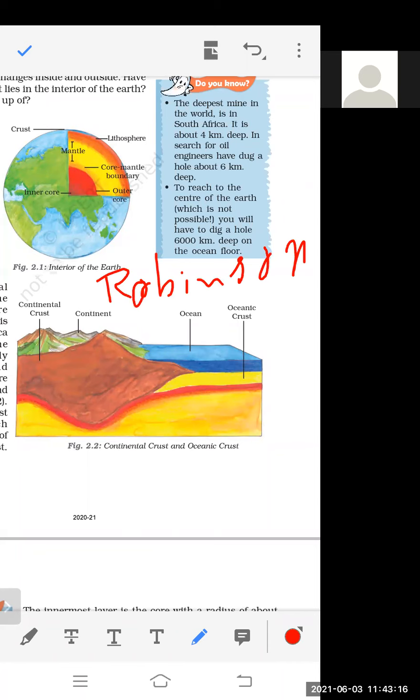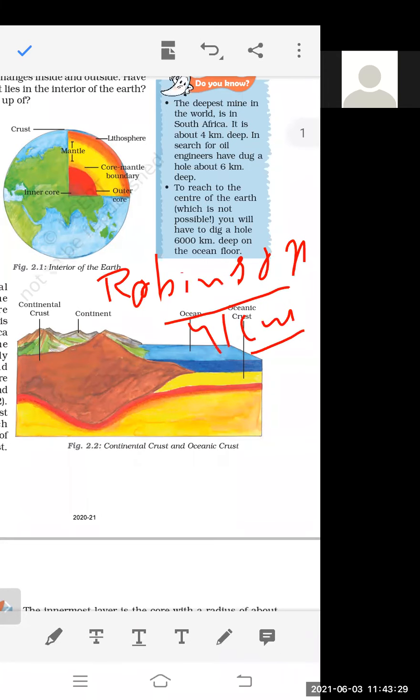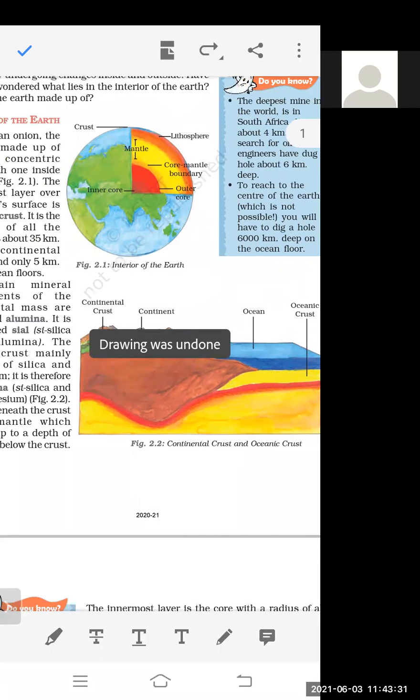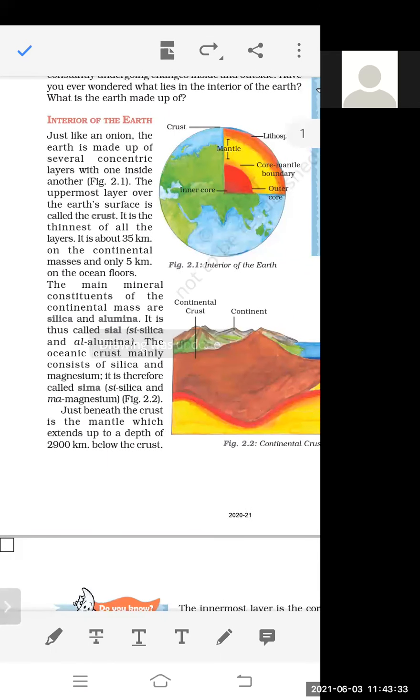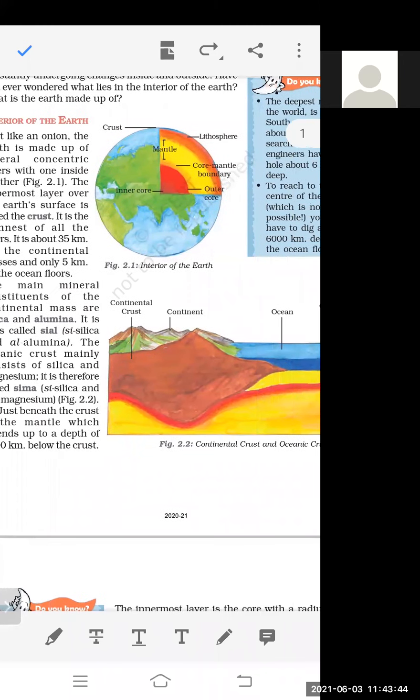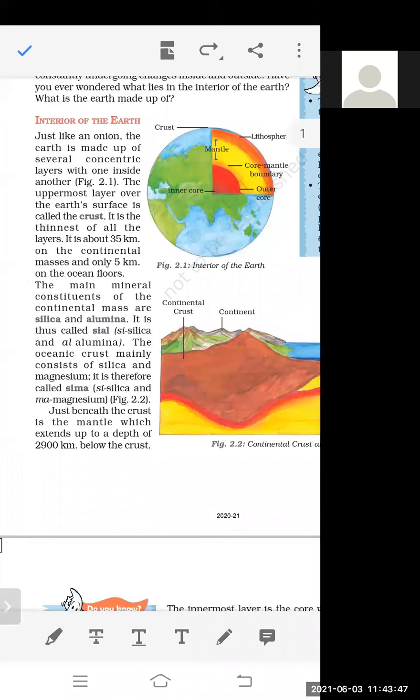The deepest mine which is found in South Africa is Robinson Mine, which is 4 kilometer deep, right? So we cannot go inside the earth because there is a very high temperature, very dense material, so it is impossible for human beings to go inside the earth up to 6000 kilometer deep.